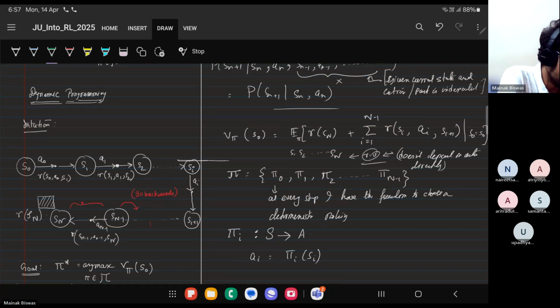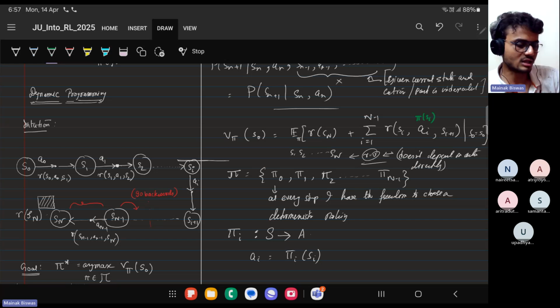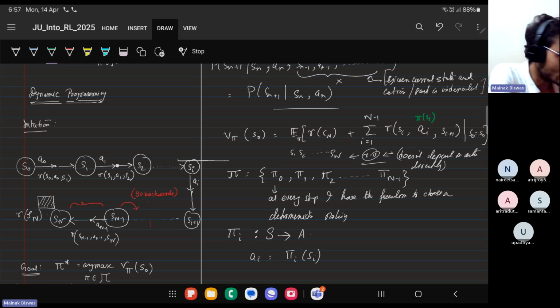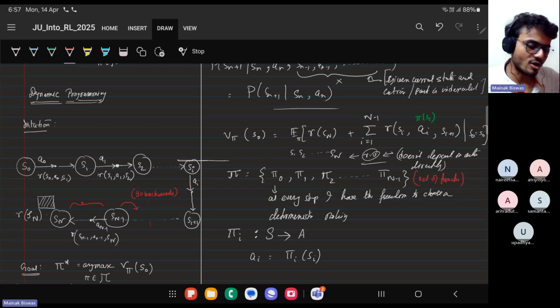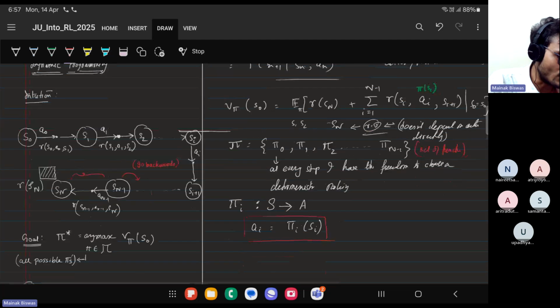Fine. What is the problem? Let's ask the question. I'm waiting. So I define a list of functions, a set of functions that map from the state space to the action space. So you see ai can be written as pi of Si. So what is the objective?